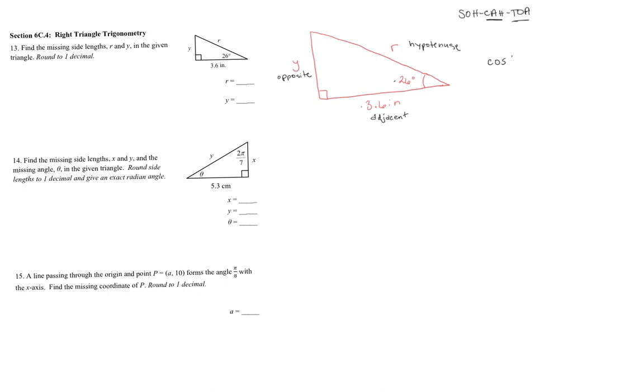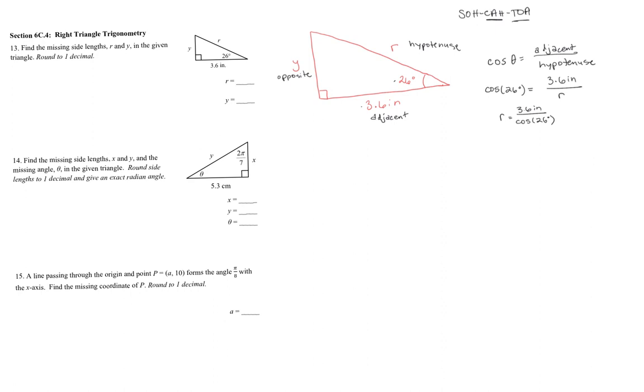Cosine of our theta is going to be our adjacent over our hypotenuse. So, cosine of our 26 degrees is going to be our 3.6 inches over our hypotenuse R. If we do some simple algebra and move stuff around, we get R is 3.6 inches divided by cosine of 26 degrees.